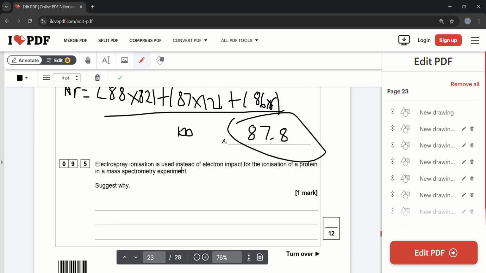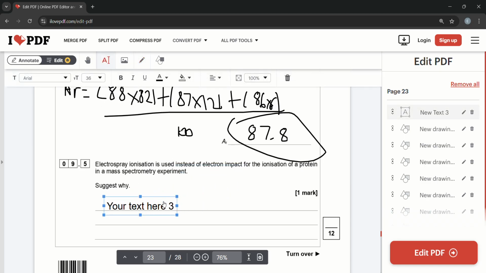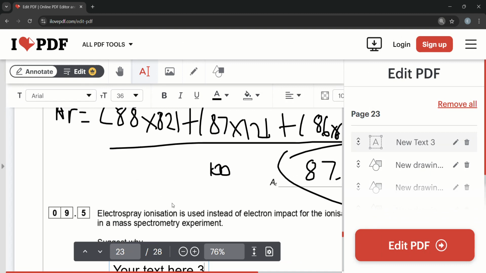Electrospray ionization is used instead of electron impact for the ionization of a protein in a mass spectrometry experiment. Suggest why.